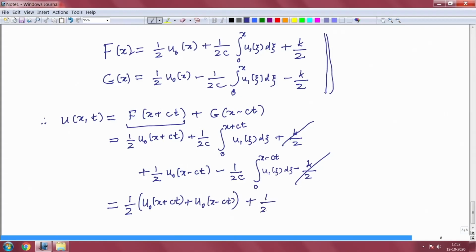So, we have 1 by 2c. The integral 0 to x minus ct we will write as minus the integral x minus ct to 0 and combine it. So, we get x minus ct to x plus ct u_1(j).